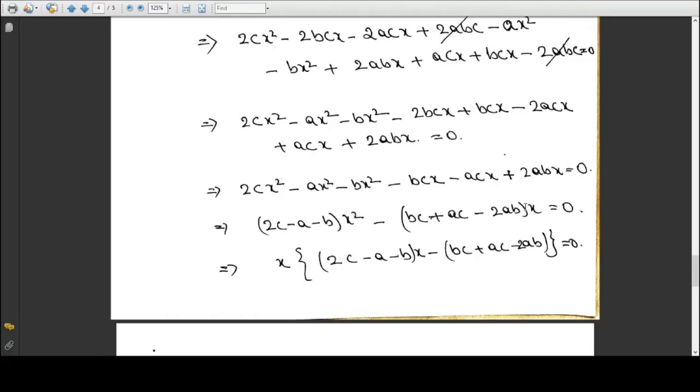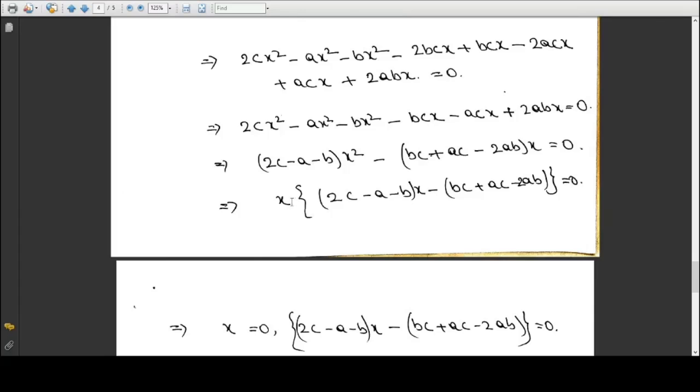And if you take x from here, you have only taken x common, that means you will get only this term, bc plus ac minus 2ab, isn't it? And the right side is 0. Now, look carefully, you have the product of this x with this bracket equal to 0. That means one of them should be 0. That means x should be 0, or the whole of this thing within the bracket should be 0.